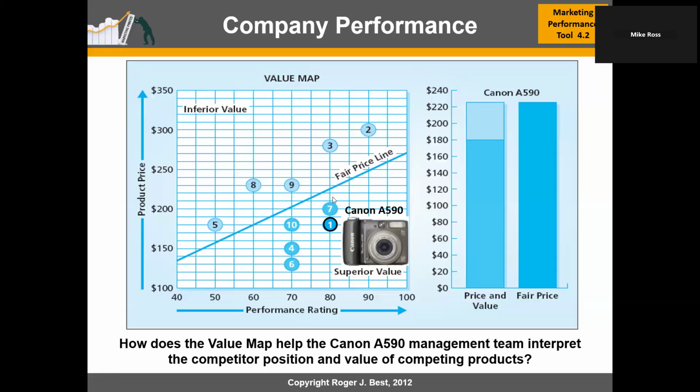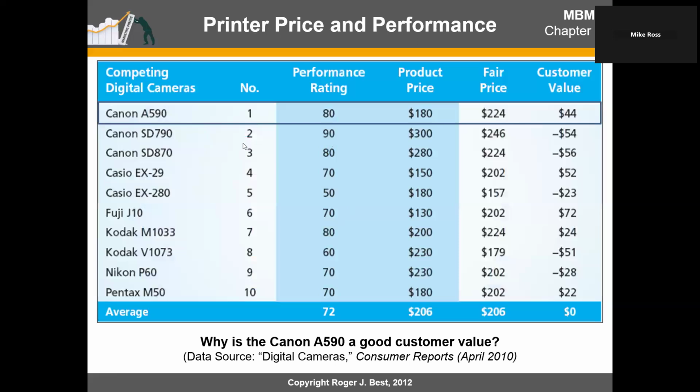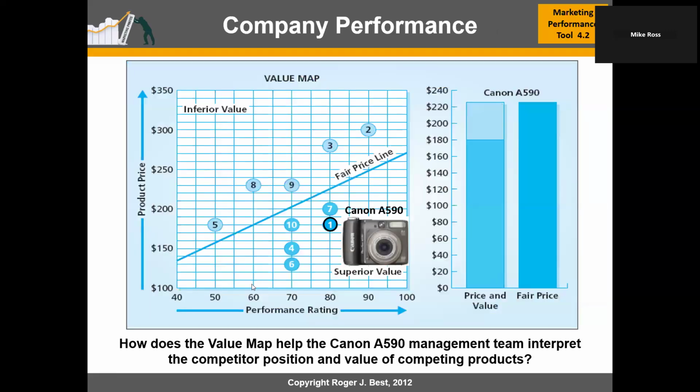And so when I've built a table like this and assigned these performance ratings and these customer values, I'm able to place, in this case, all 10 of the competitive digital camera products on this map. If a product or a brand is below the fair value line or fair price line, we would say that creates superior value.